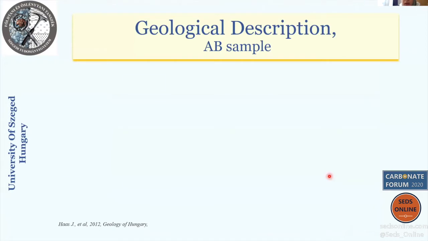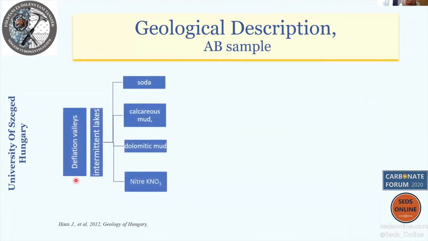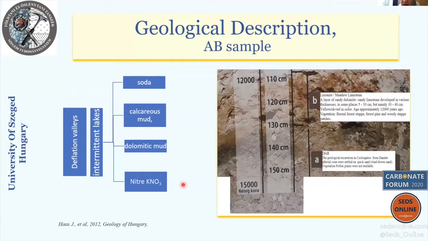The geological description is a deflation valley with intermittent lakes. It contains soda, calcareous mud, dolomitic mud, and nitrite, KNO3. For this seminar I chose the AP sample, which is described as wind-blown sand and limonite with sandy dolomite and sandy limestone.